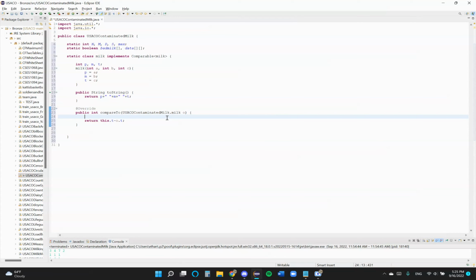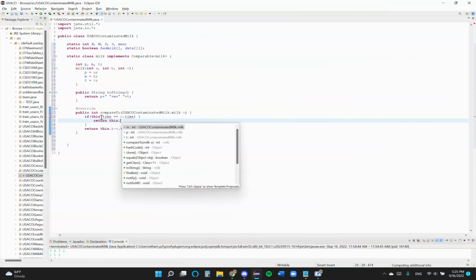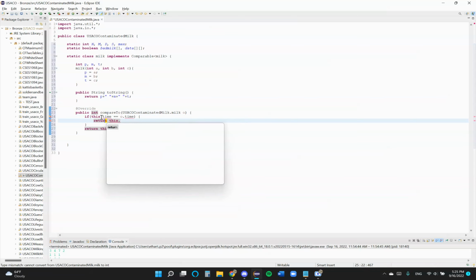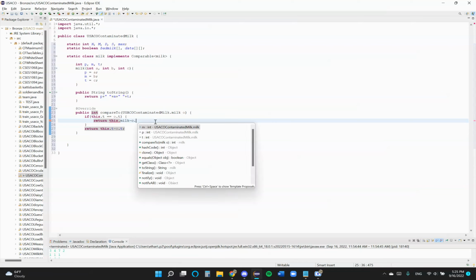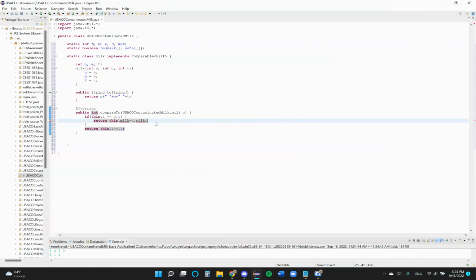And if it's the same time period, it also can count as a contaminated milk. So if this.time is the same as o.time, then you have to return this.milk minus o.milk, so that the milk is in ascending order.